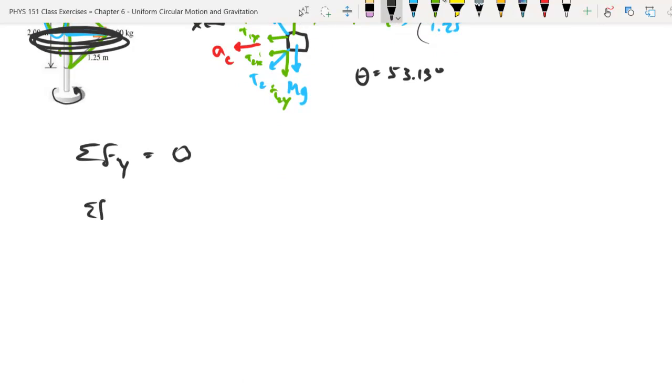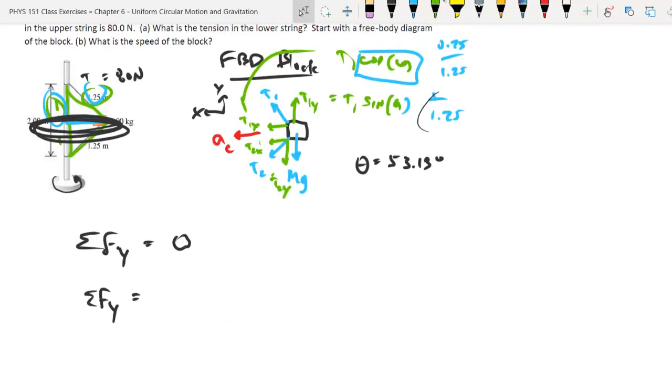And so we have the sum of the forces in the y direction, this is T1y, which is T1 sine theta, minus T2y, minus mg equals 0, right?